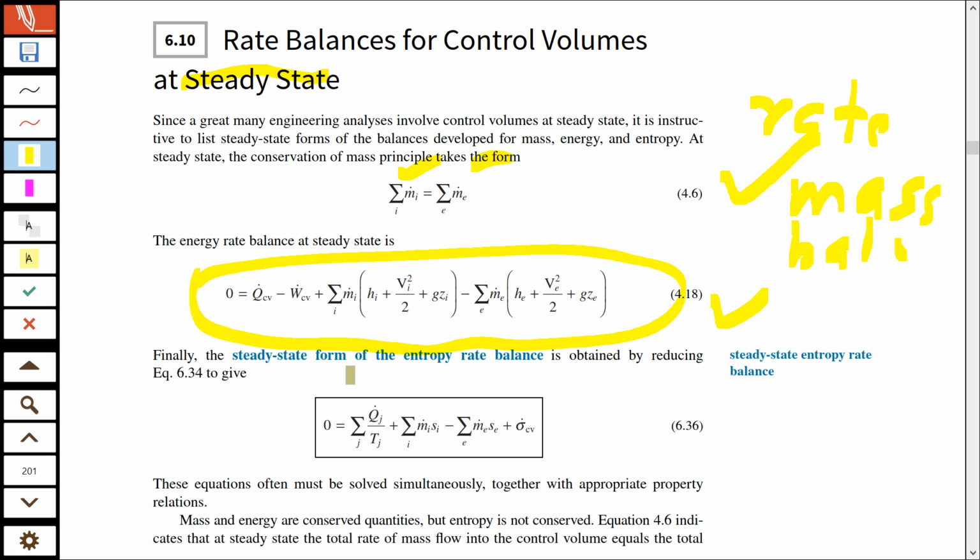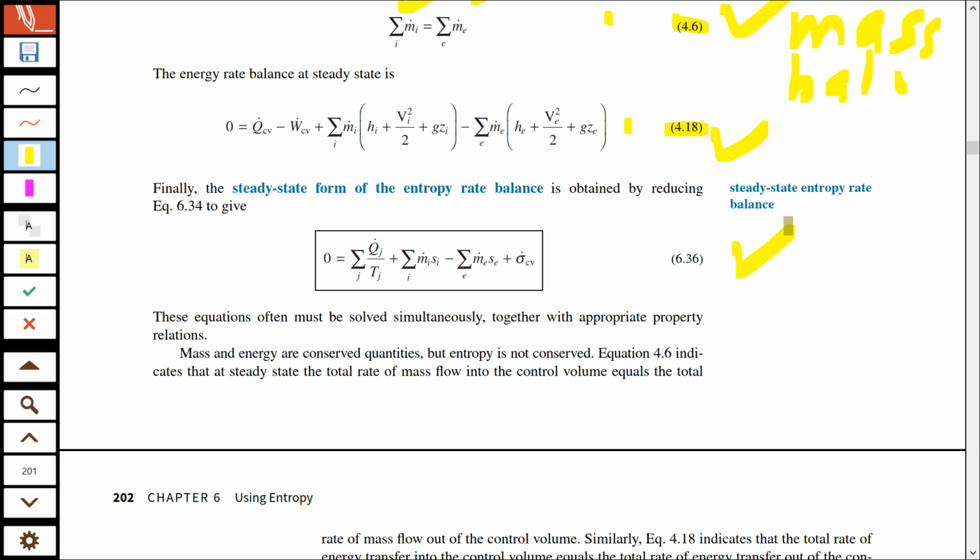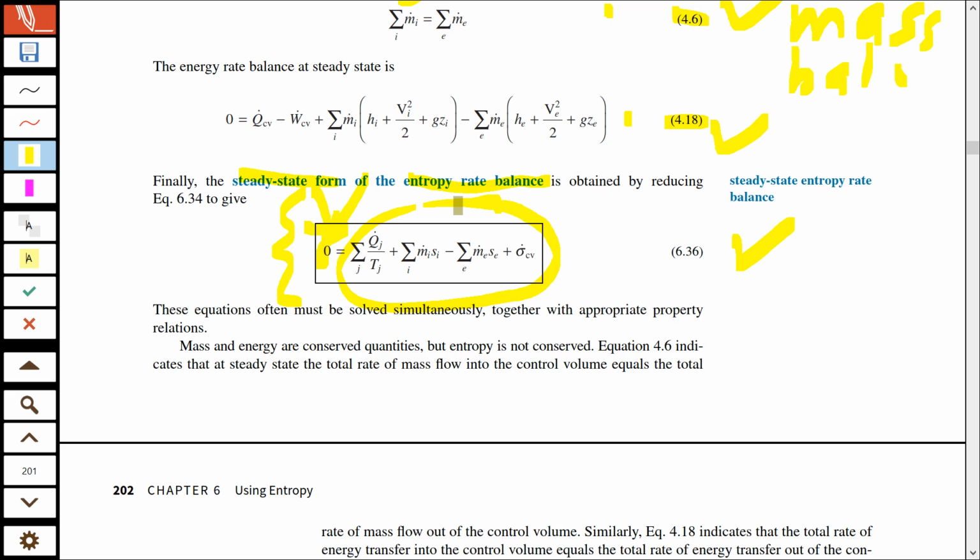This is pretty standard. We did this, and that's why these are taken as they are from chapter 4: mass rate balance and energy rate balance. You just want to add this new equation to that dictionary of rate equations, and this is now the entropy rate balance in the steady state. Remember, this 0 means steady state, and this is just the right-hand side from the previous equation.